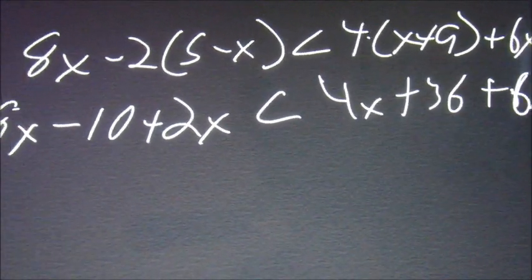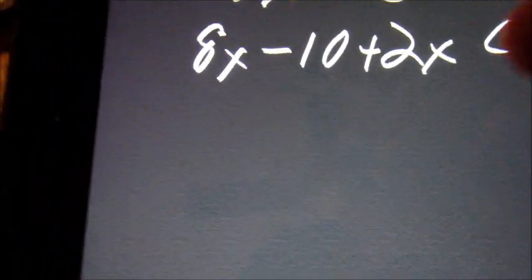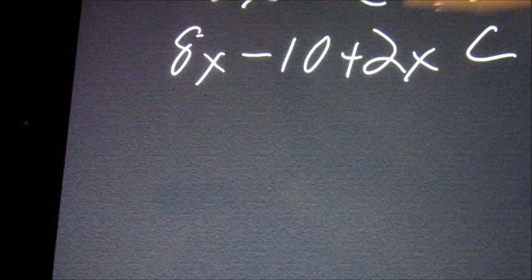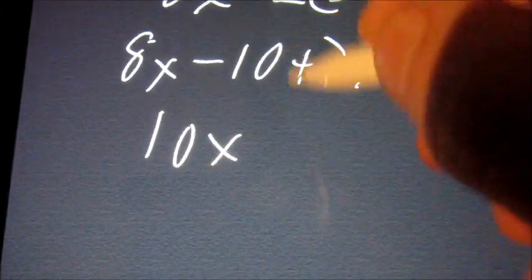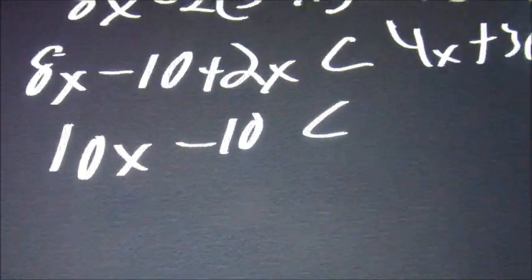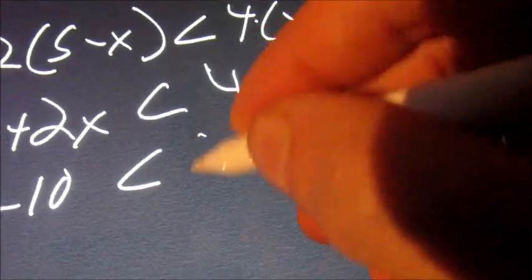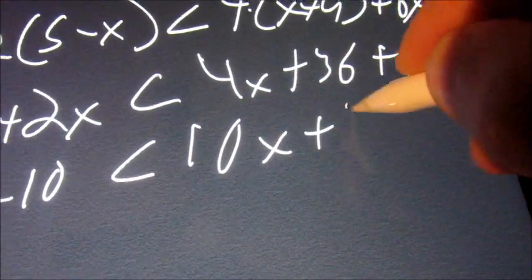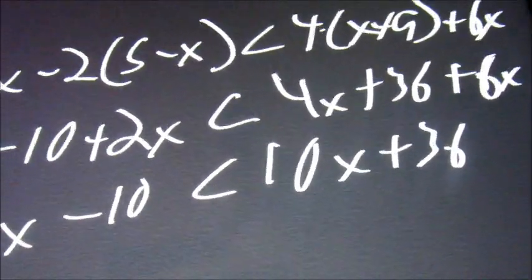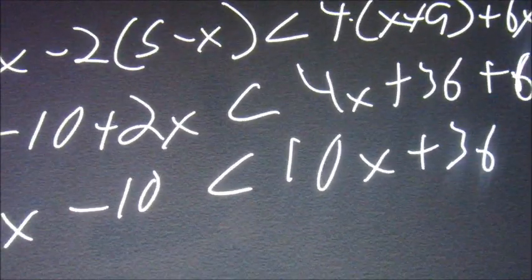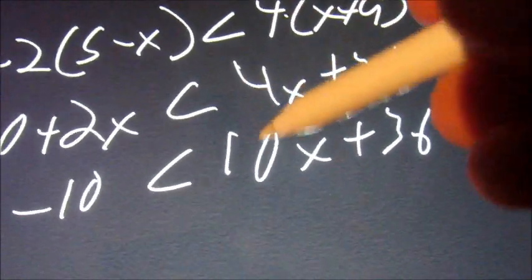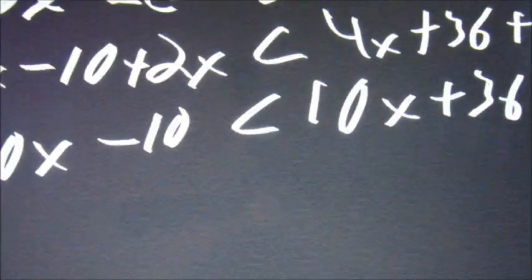So now we need to combine like terms on both sides. We have 8x plus 2x is 10x, minus 10 is less than 4x plus 6x is 10x plus 36. Now we're going to move this 10x to that side and this 10 to this side.